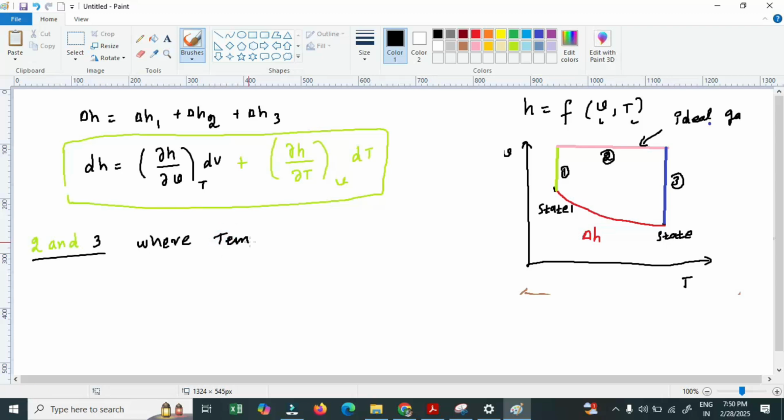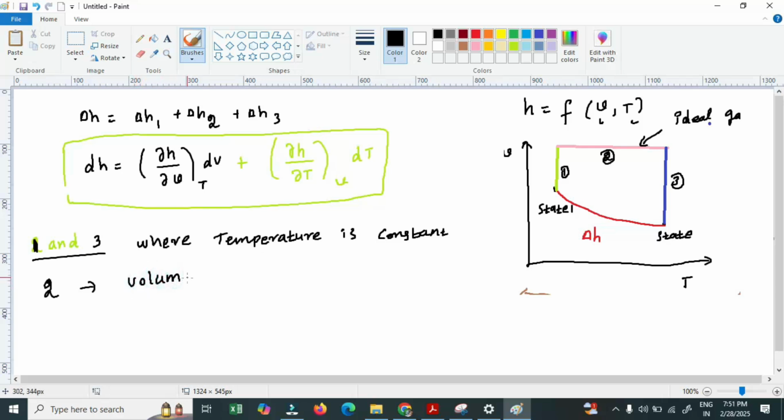Therefore, this term won't appear. Therefore, my dH will be dou H by dou T at constant volume into dT.